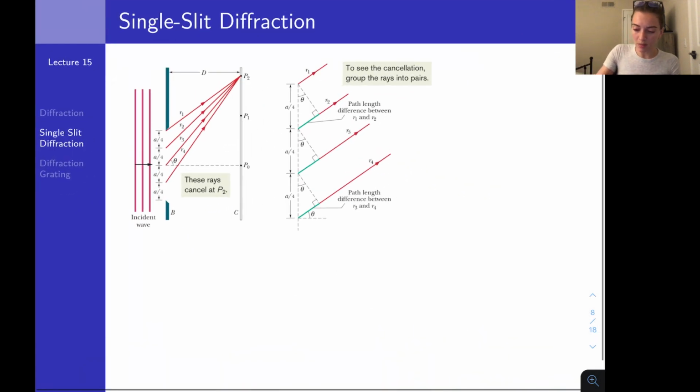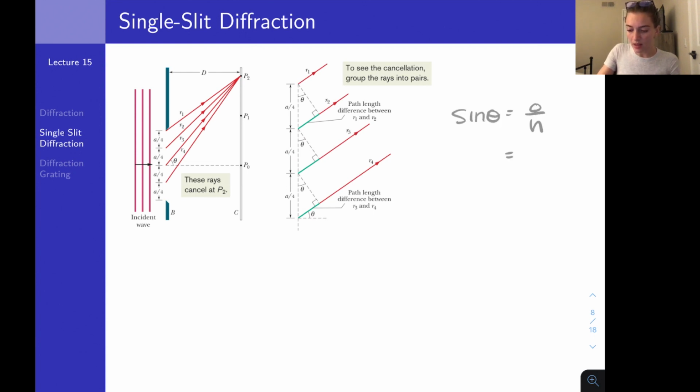You're going to draw your triangle, and sine theta is equal to opposite over hypotenuse. The opposite side is still going to be lambda over 2. It's still the path difference, and since it's still destructive, we want it to be equal to 1/2 wavelength. But now the hypotenuse of each of these triangles is a over 4, because we cut the slit into 4 pieces.